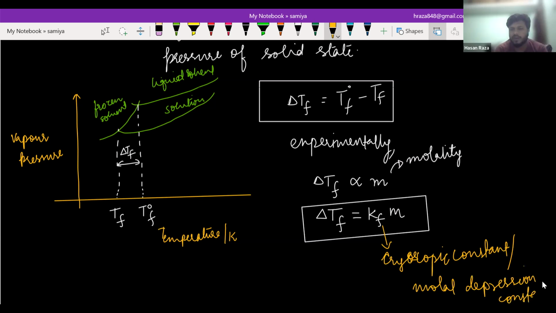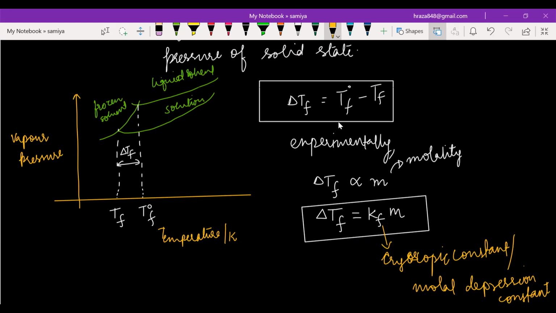It depends in the same way as Kb depends, and you can calculate the unit of Kf. Please do it and let me know if you are finished with this.